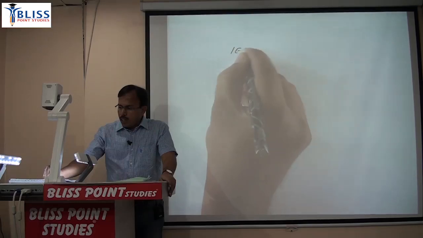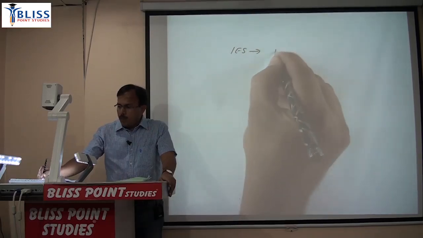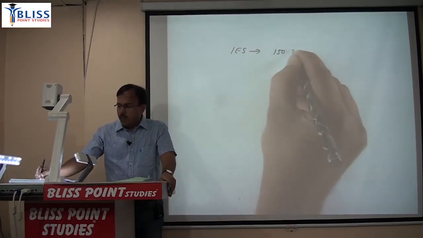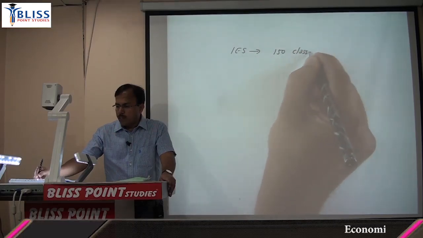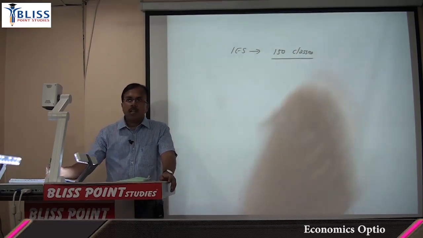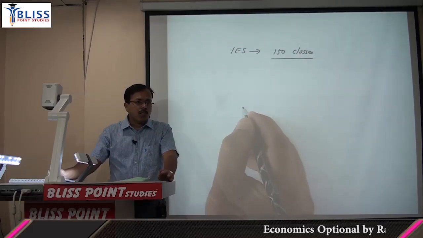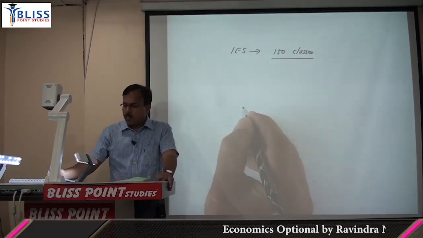Now what will happen, the design of this course will be, for IES, approximately 150 classes in totality, including your economics classes as well as general studies and English classes.